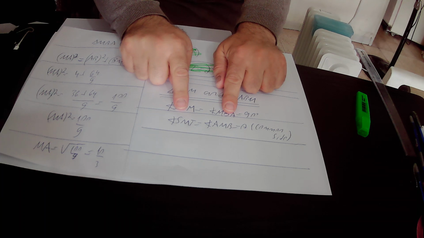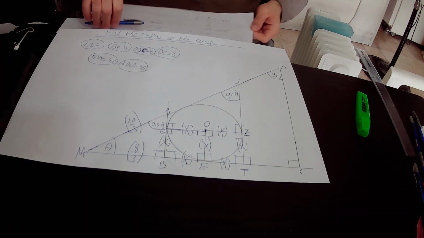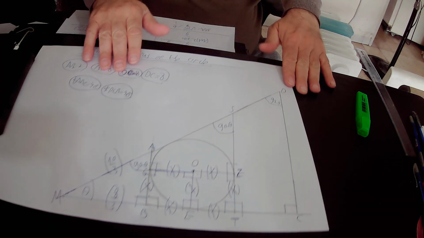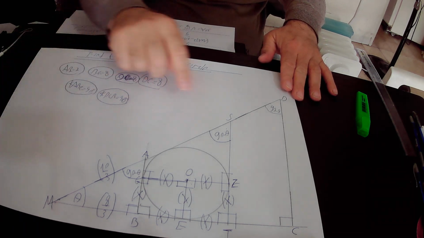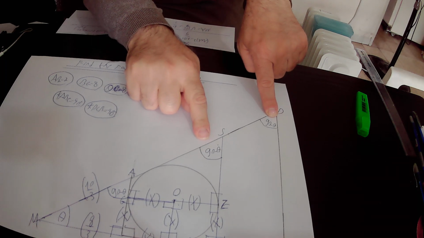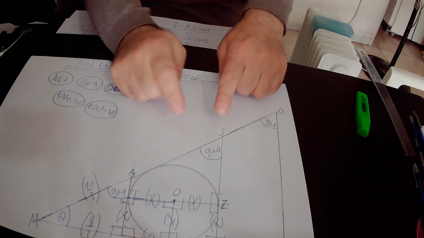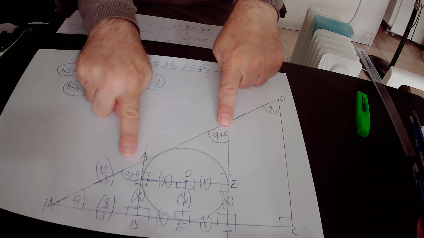Okay. And finally, those two angles are both equal to 90 degrees minus theta, therefore they are equal to each other.